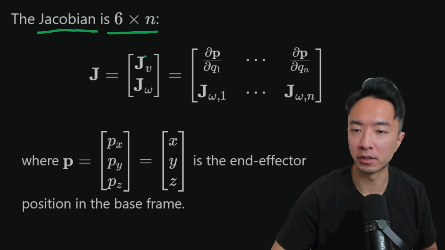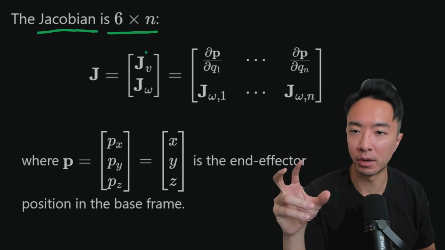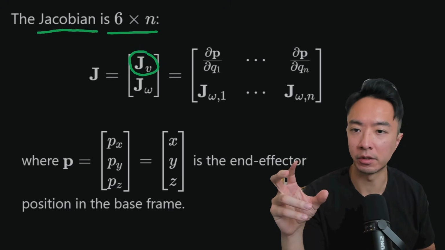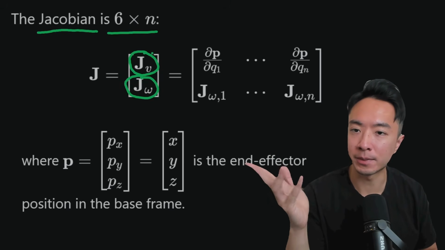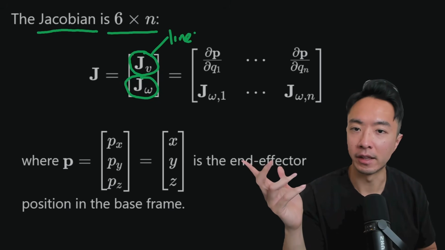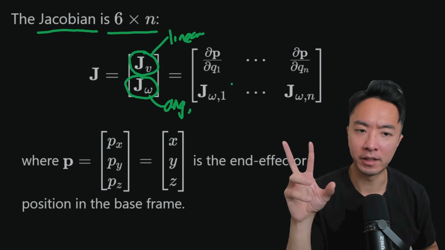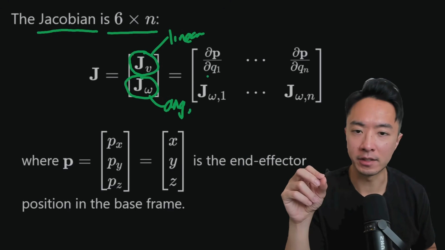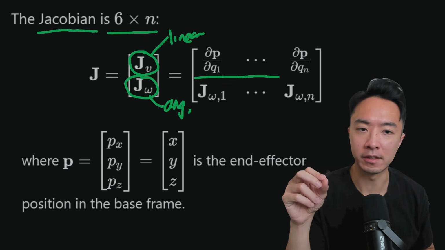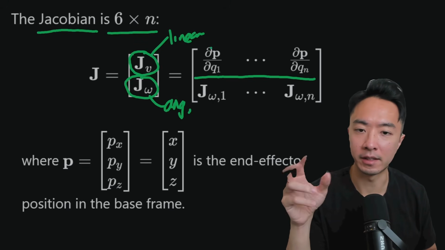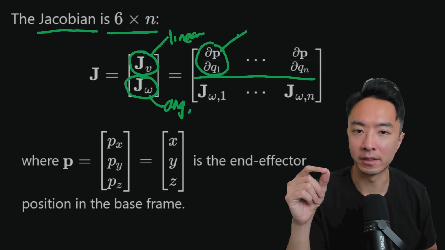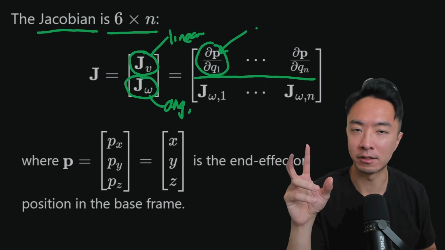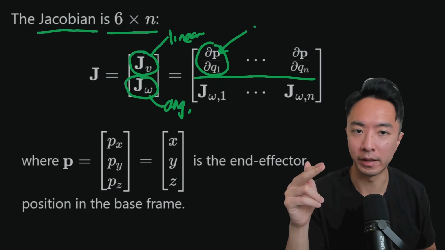You can typically break it down into 2 parts. The top part I like to call J_v, and the bottom part is J_omega. One maps the linear part, and the other maps the angular part. That's typically how you want to think about it. You can see the breakdown here. The top part is the partial derivatives of P. P is the vector that describes the base to the tool end.